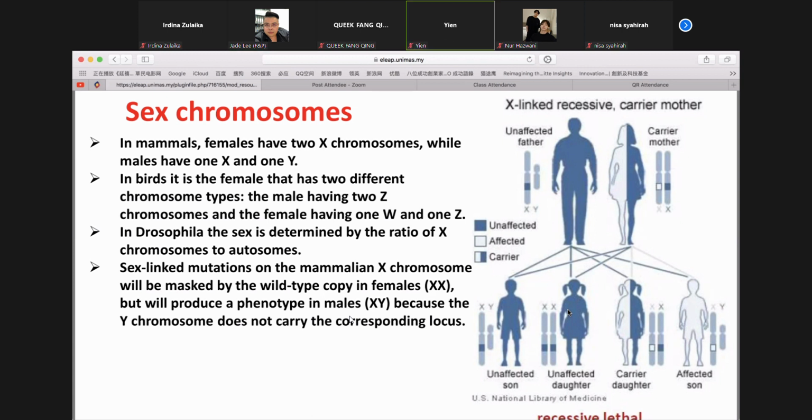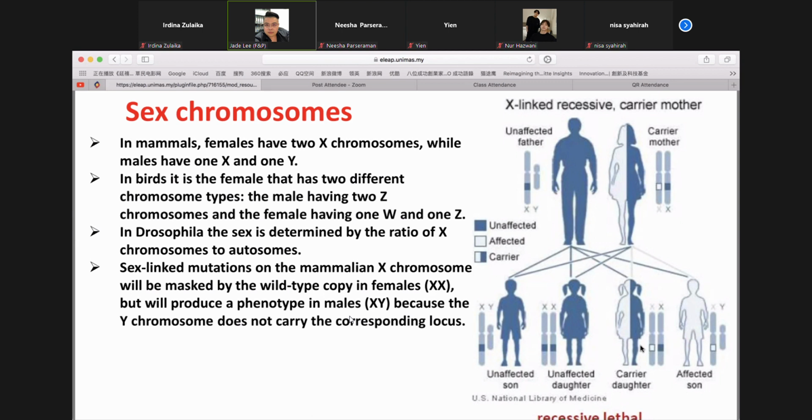Kalau kita tengok perempuan di sini, anak perempuan dia dapat satu X yang normal daripada bapak, satu X normal daripada mak, jadi dia unaffected. Anak kedua perempuan ini walaupun dia dapat satu X yang affected daripada mak dia dan satu X yang tak affected daripada bapak dia, dia hanya menjadi carrier.